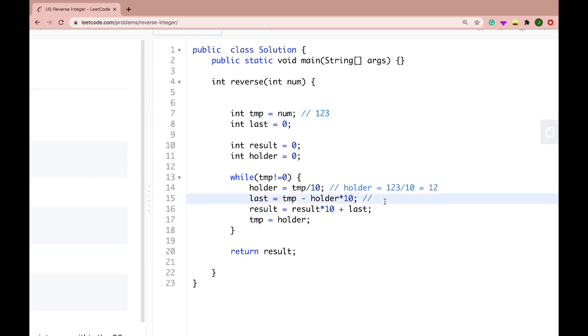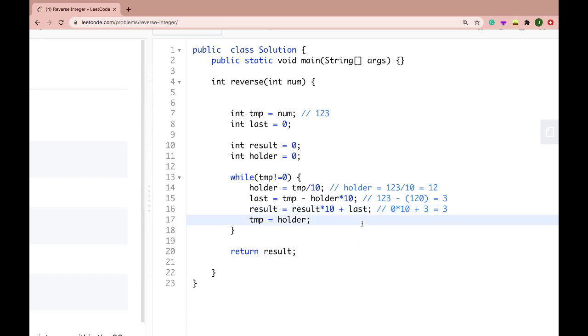Last equals temp 123 minus holder 12 times 10, which is 120, so that equals 3. We get the last digit, and in result we are storing the final result. So result currently is 0, so 0 times 10 plus last, which is 3, equals 3.